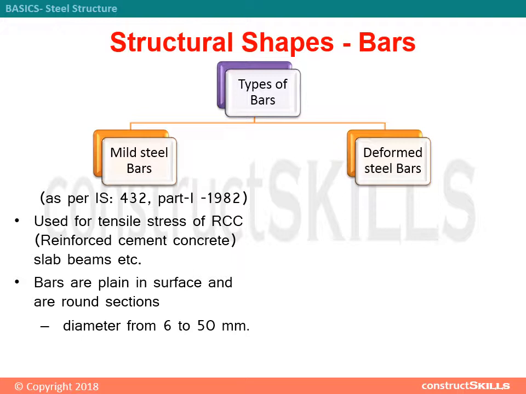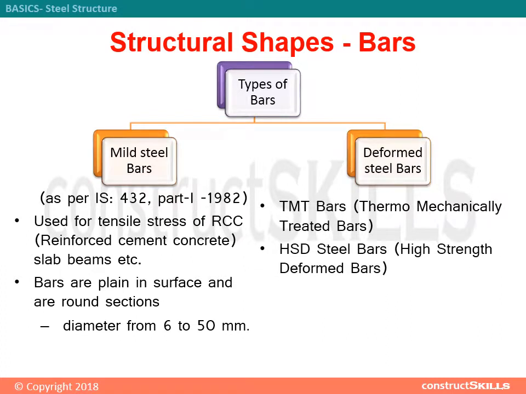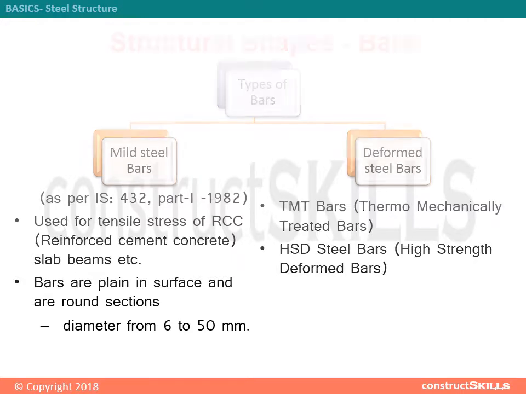Its diameter varies from 6 to 50 mm. Second is deformed steel bars. They consist of TMT bars, thermomechanically treated bars, and HSD steel bars, high-strength deformed bars.